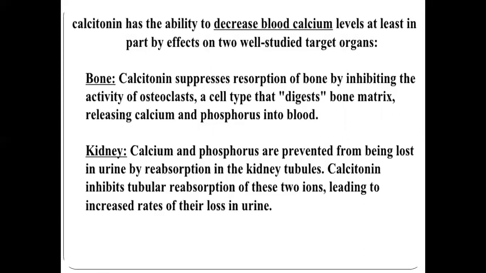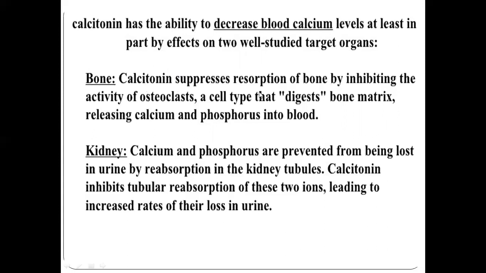Parathyroid hormone is just taking calcium from the bone into the blood, and when the calcitonin is not there, the bones become brittle due to the increased release of calcium. The calcitonin function is to put the calcium back into the bones, and it increases the strength of the bone.